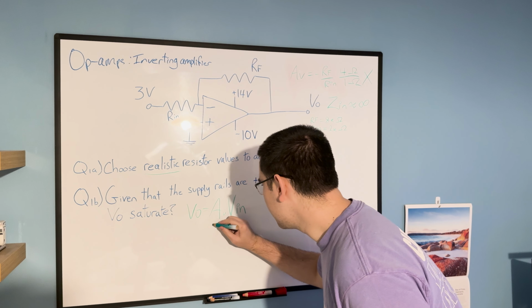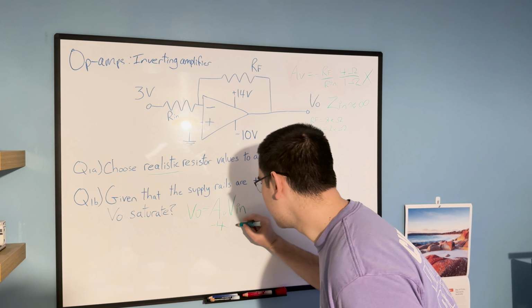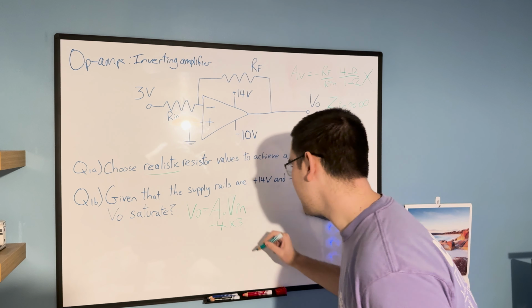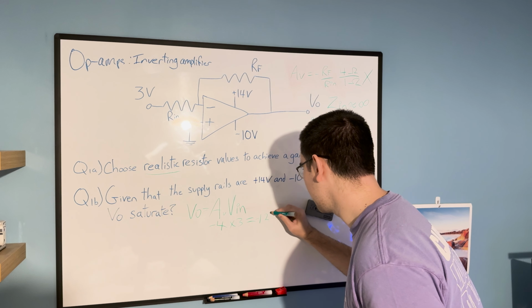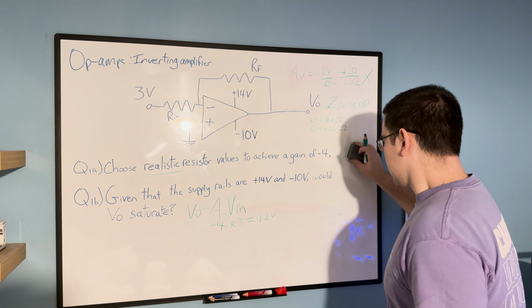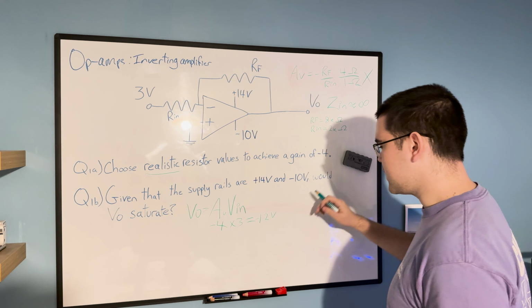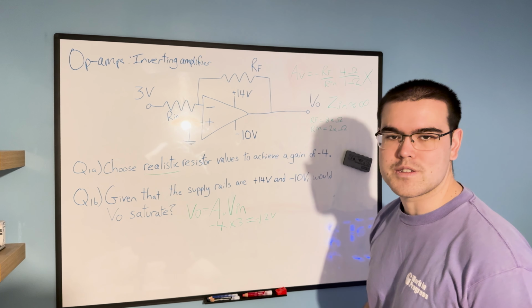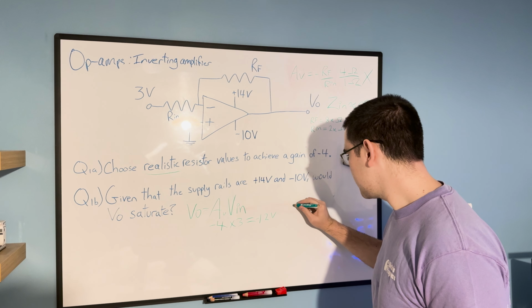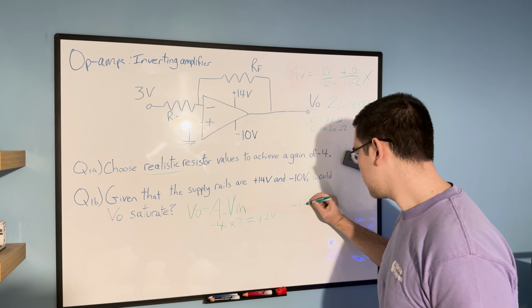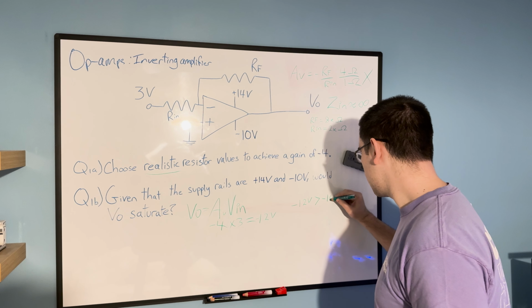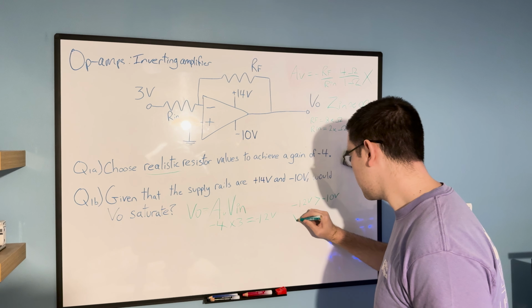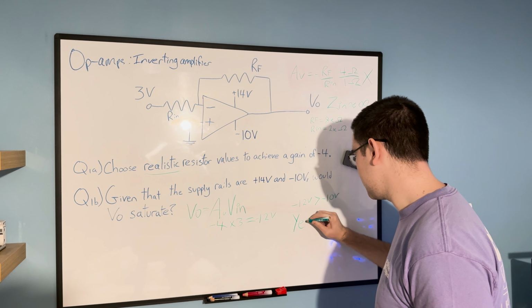So if this is -4 and this is 3 volts, we get -12 volts. So this has exceeded the lower limit of our supply rail. So the answer is yes.